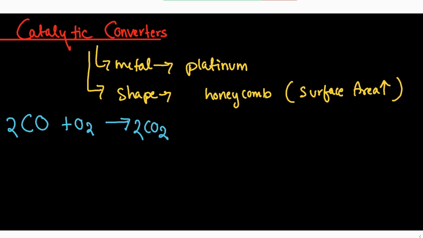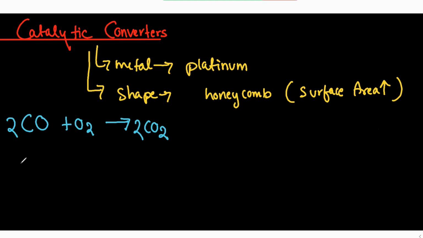Then in the engine, we also produce nitrogen oxides. The nitrogen oxides are pretty bad because if they get out of the exhaust, they mix with water vapor in the environment and cause acid rain, and that's a lot of problems. So after forming carbon dioxide gas, that's great. Carbon dioxide gas gets released.